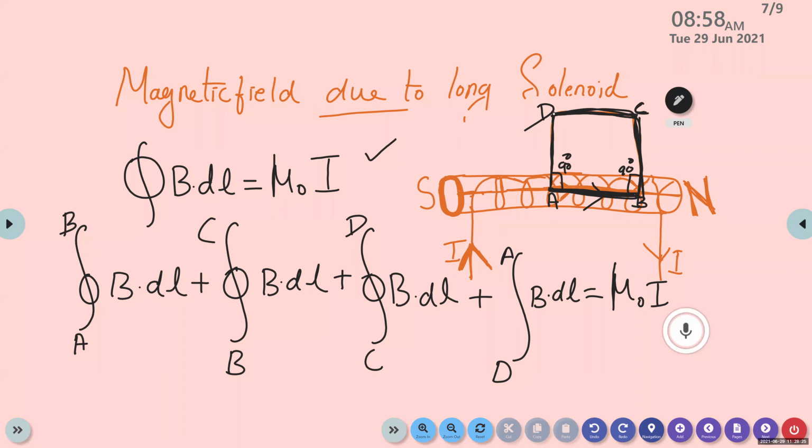Here we are considering outside. Very good. So here we consider an Amperian loop ABCD. When we observe the figure, it is clear that the side CD is outside the solenoid, so the magnetic field B at CD is 0.